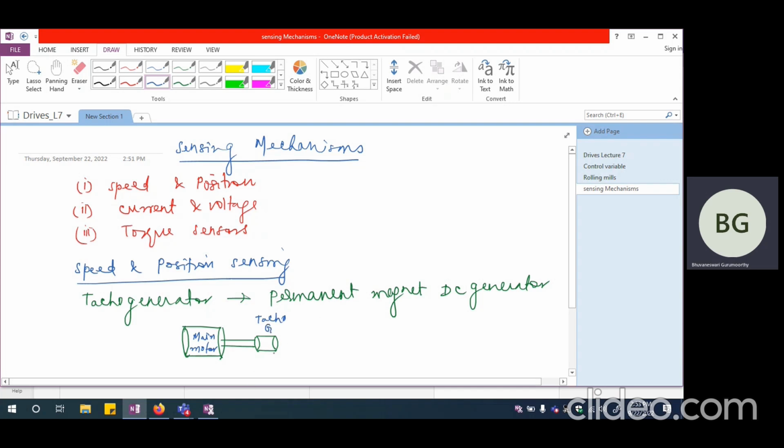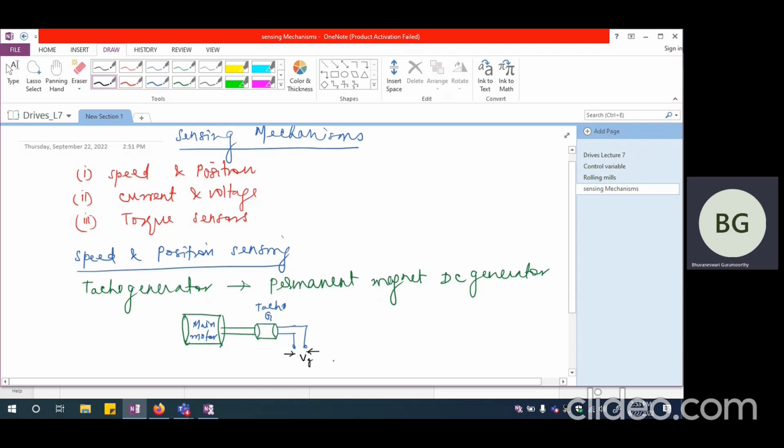Now from the tacho generator, I will have two terminals coming out. These are the armature terminals from which I'm going to get the DC voltage. What comes out of here is the generated voltage from the tacho.